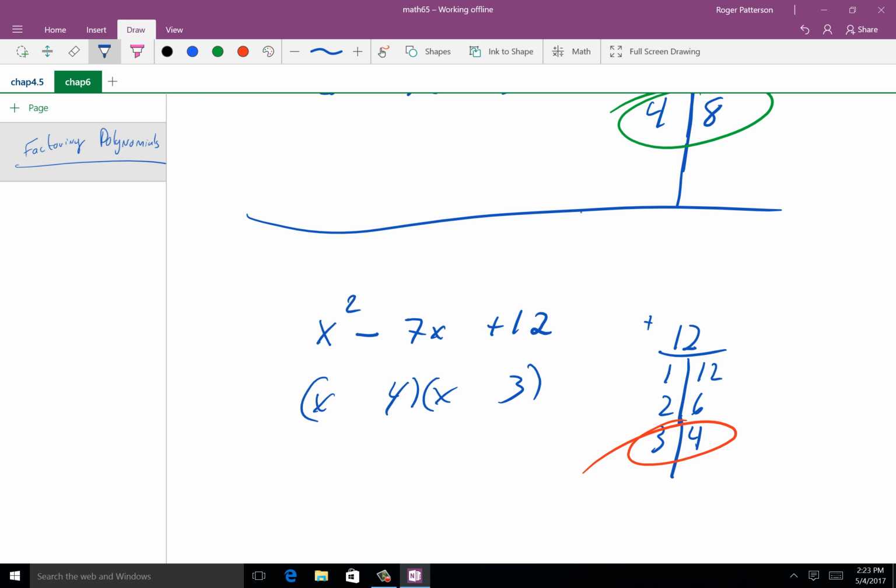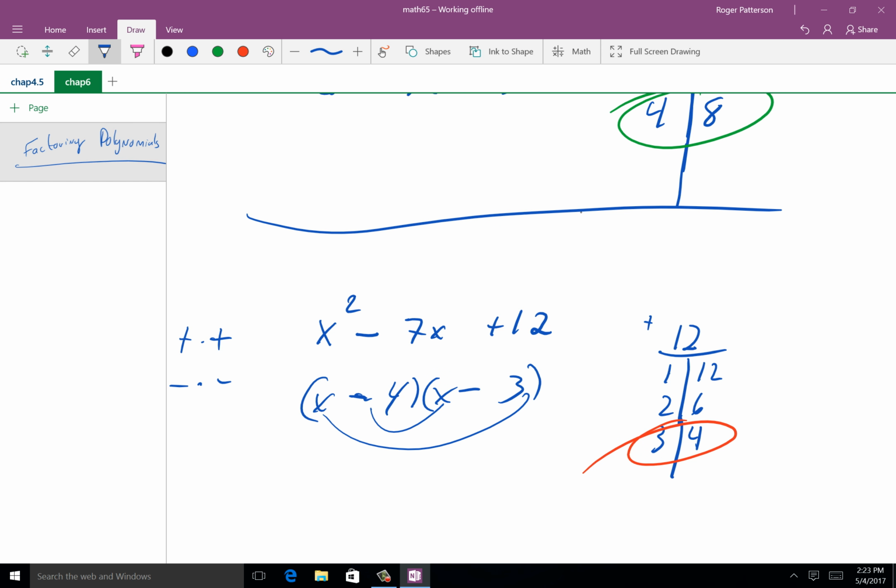Now, because it's a positive, in this case we know that a positive times a positive is positive, but also a negative times a negative is a positive. So here, both of these have to be negative in order to make this work. Again, a negative times a negative gives us a positive 12, but when we do this guy, we get our negative 4 minus 3, negative 7.